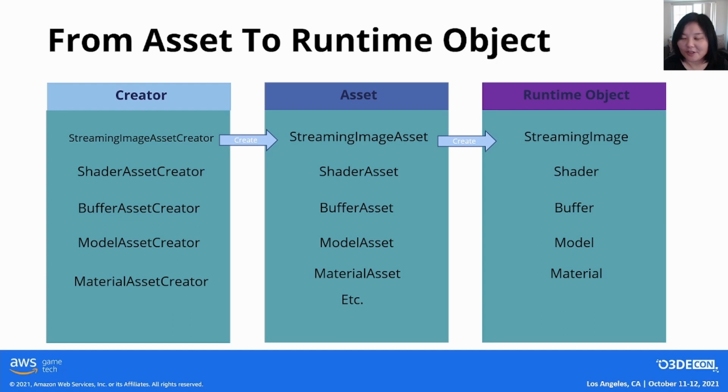The asset creation process usually happens at asset processing time by an asset builder. For example, the image processing gem has a builder to convert image files to a .streamingimage asset file in the cache. If you want to load some third-party data file directly at runtime, you can utilize the creators to create these assets at runtime.